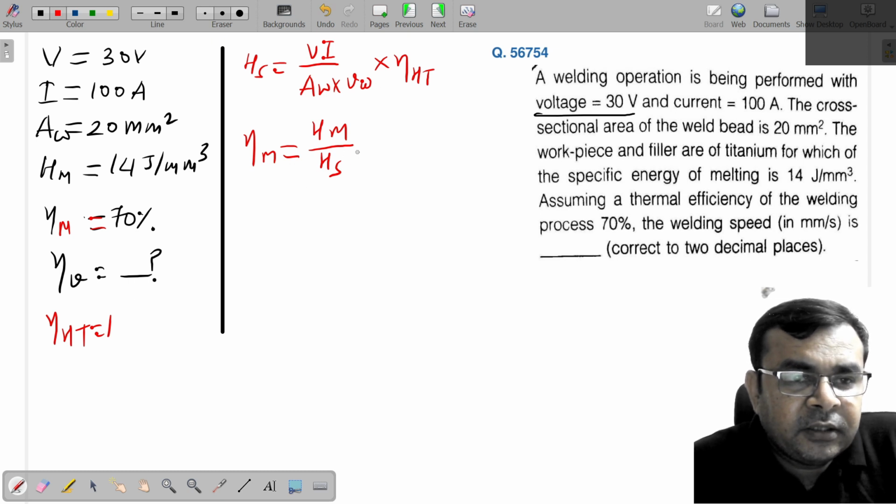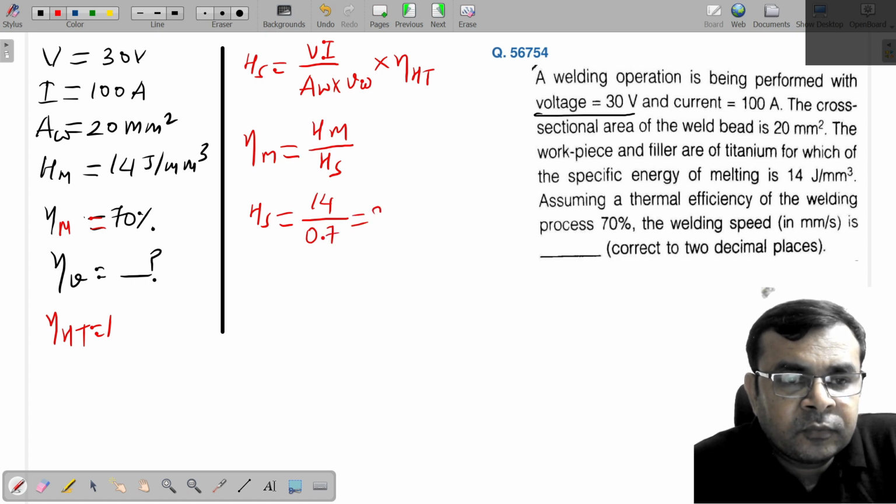So from this, can I say HS is equal to HM, that is 14 joule per millimeter cube over 0.7. So this is 20 joule per millimeter cube. So from this expression, if you put this value, then this is 20.